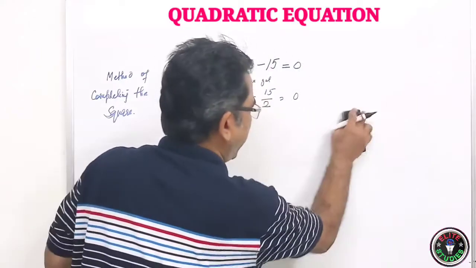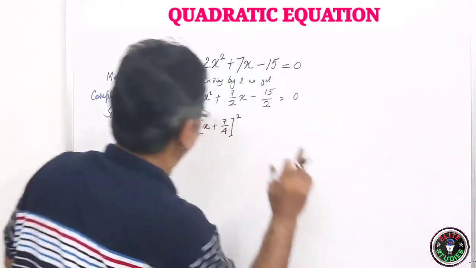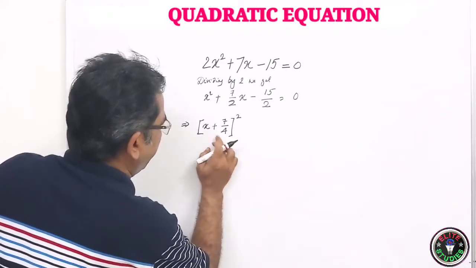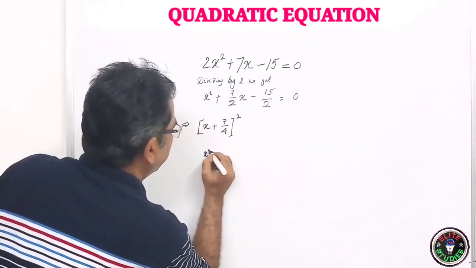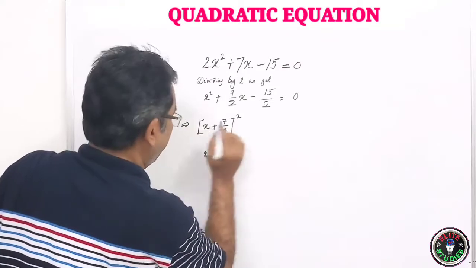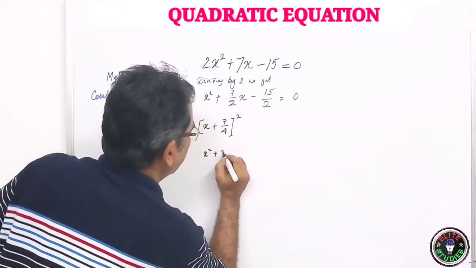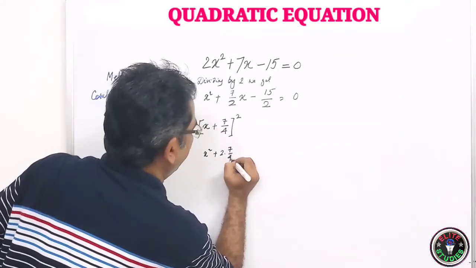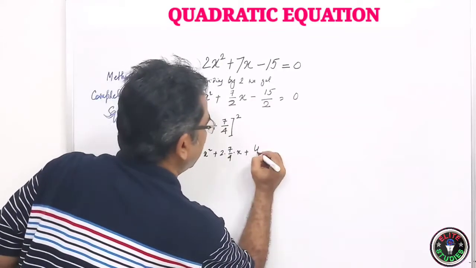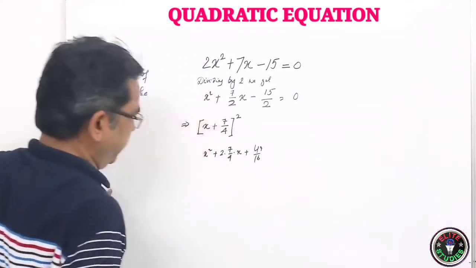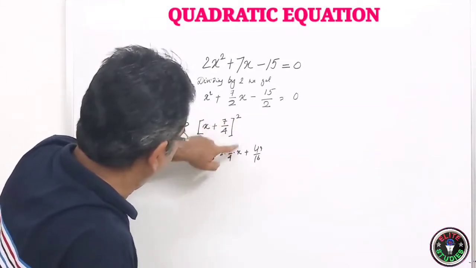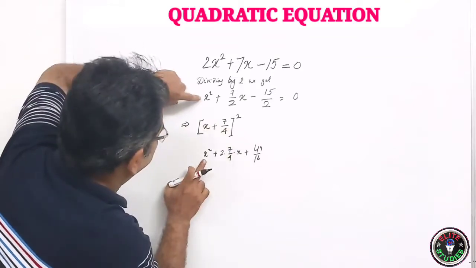The question is why I should do it like this? Because if you open a plus b whole square, it will be a square plus 2ab plus b square, means x square plus 2 into 7 by 4 into x plus this square, 49 by 16. x square is already there.